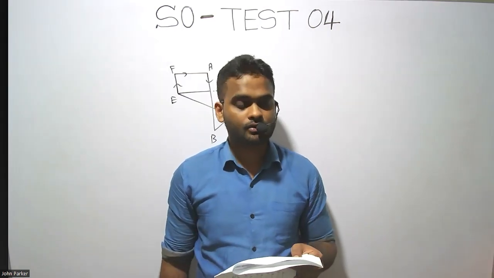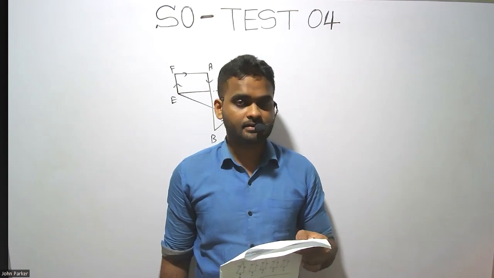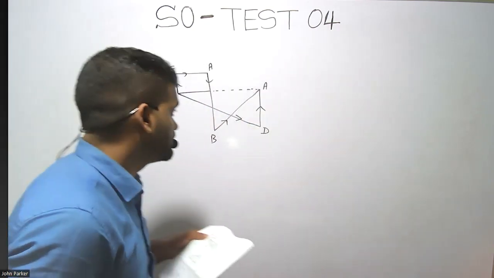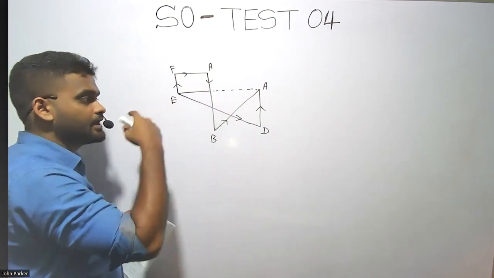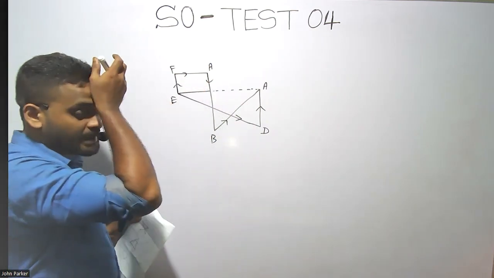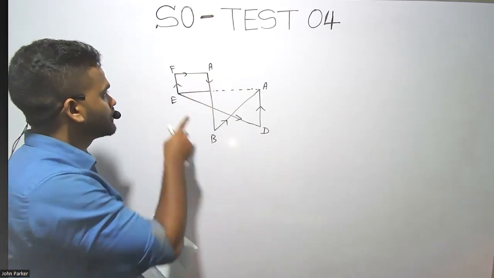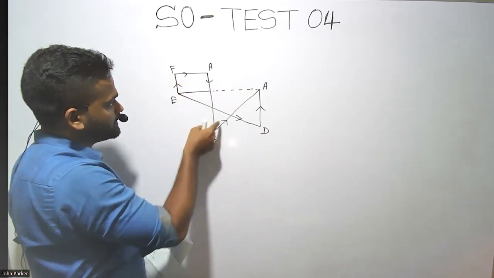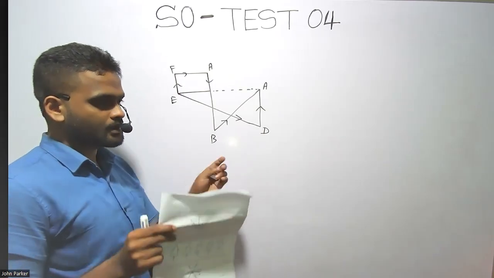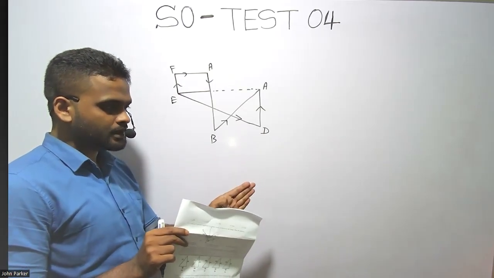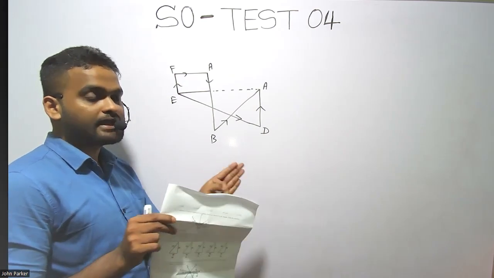Right. Question number 8. Resultant of the vector system below is, right? So we have a bunch of vectors arranged in a certain form. What they're asking is the resultant of this whole thing. Using the triangle method, there is the polygon method, right?